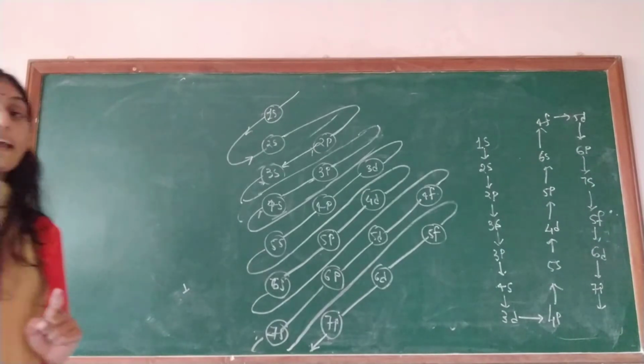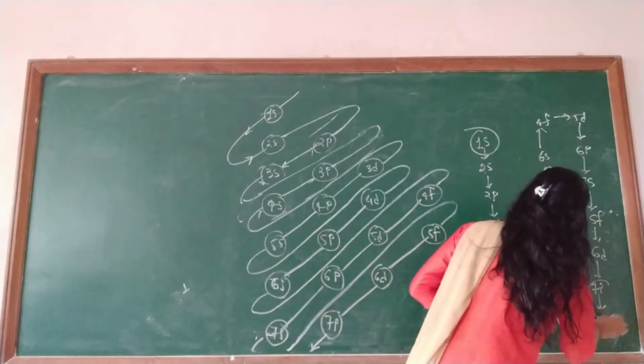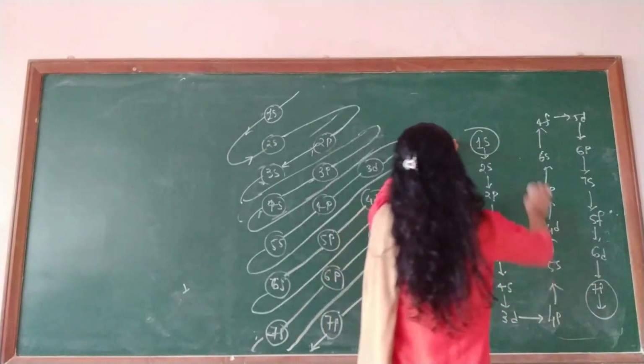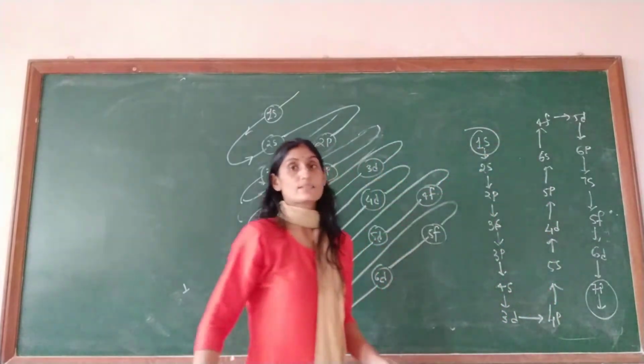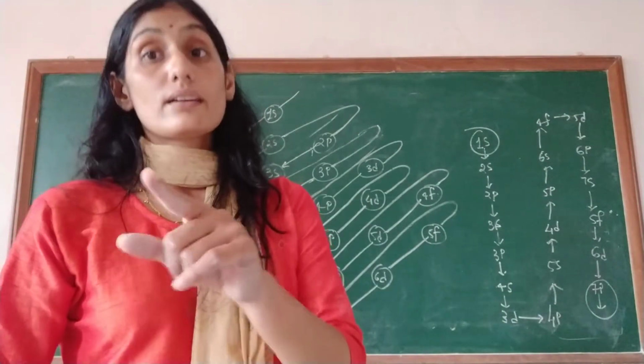So lowest energy level कौन सा हुआ, 1s, and highest कौन सा हुआ, 7p. That means they are moving from the lowest to the highest energy level. So this is the rule given by Aufbau.